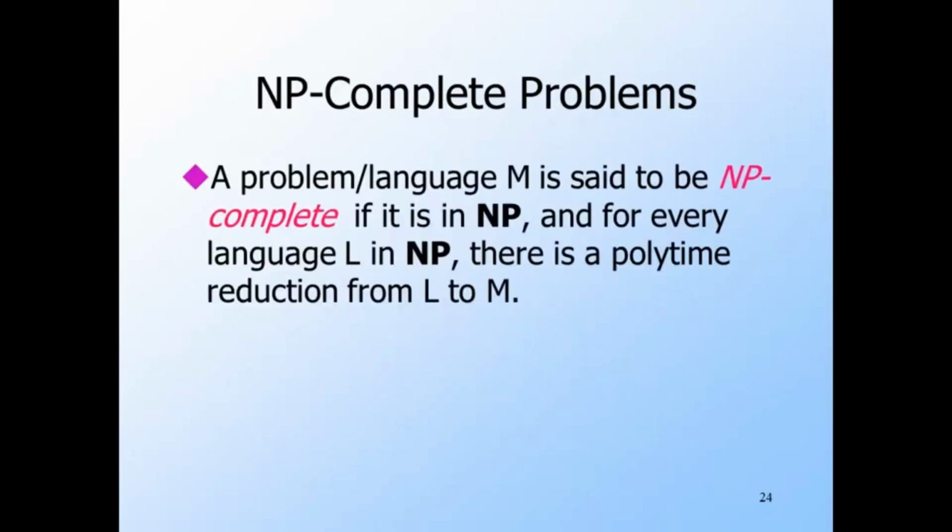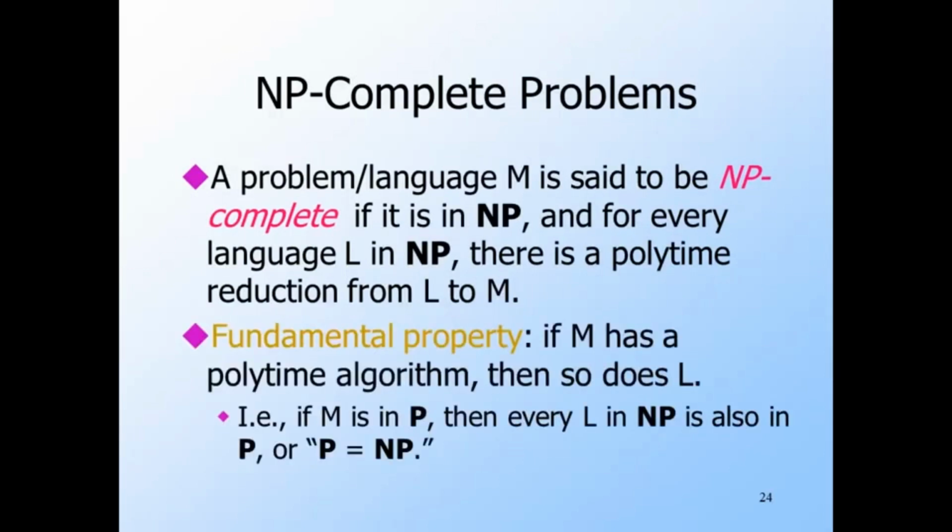Formally, we say a problem or language M is NP-complete if, first of all, it is in NP, and for every language L in NP, there is a polytime reduction from L to M. An important consequence of the fact that M is NP-complete is that if M has a polytime algorithm, then so does every language L in NP.